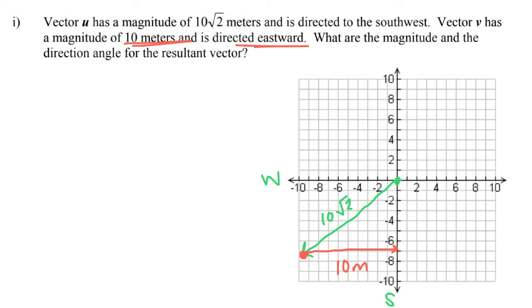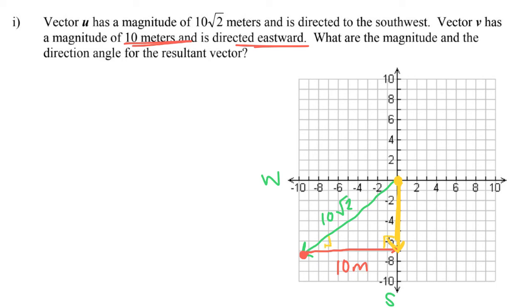And now I need to know what's the magnitude and the direction angle of the resultant vector. So where in the world would that possibly be? Well, let's go through and see. I need to start where the first one started and stop where the last one stopped. So I have something like this. There's my resultant vector. Well, our hypotenuse is 10 root 2, and this side is 10, and this is a right angle.